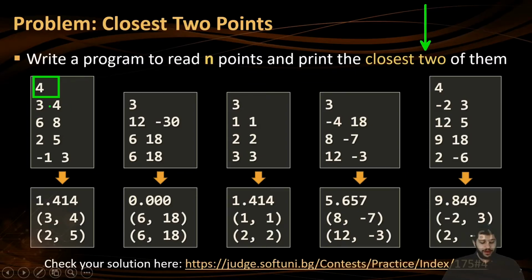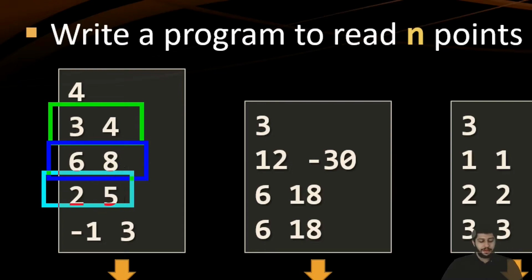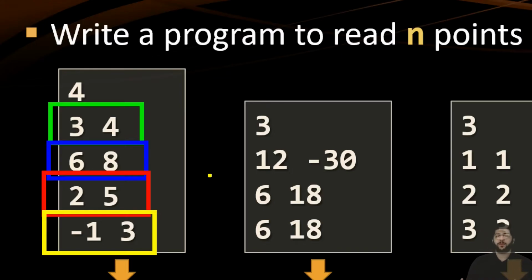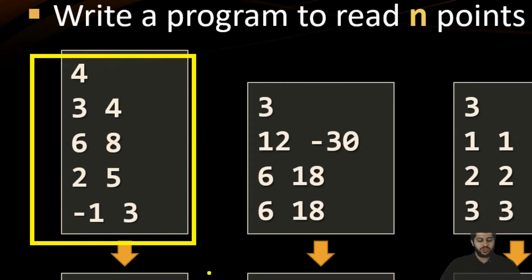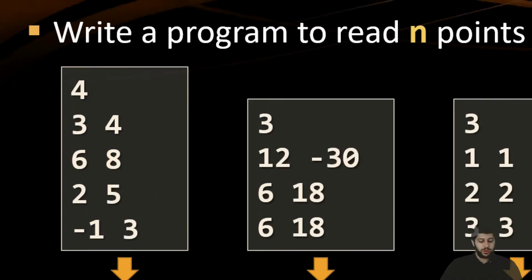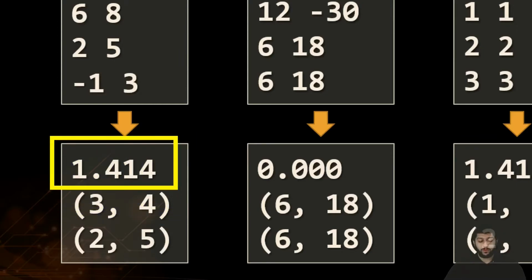In this one, we have 4 points. This is the first, this is the second, the third, and the fourth. So we have 4 different points. And we find the closest 2, and we print them out. So the closest 2 are 3, 4, and 2, 5, and the distance between them is 1.414.